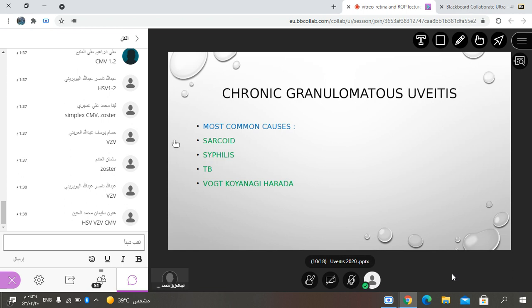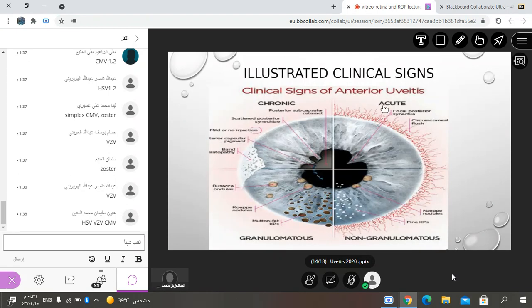The presentation of granulomatous uveitis, this is an illustrated picture of the clinical signs. If you have chronic and acute, you will have what's called synechia. Synechia is an adhesion. Synechia is a fibrosis. And the end result of the inflammation is the fibrosis.